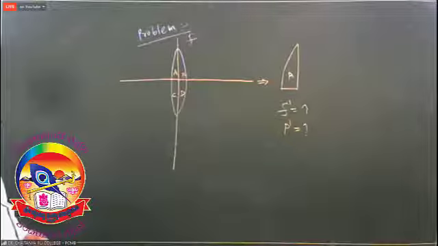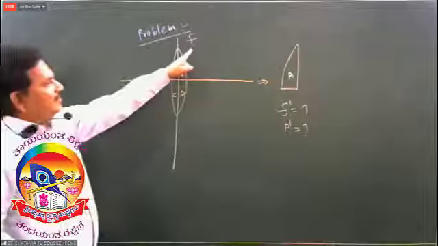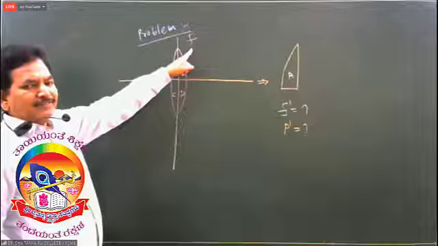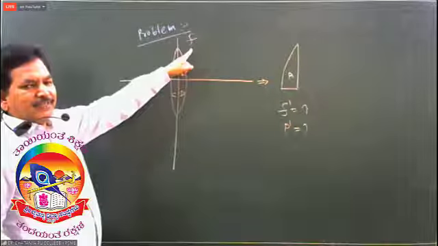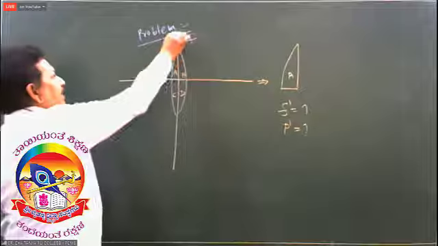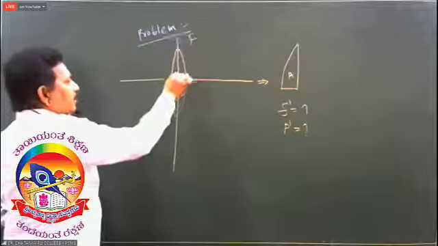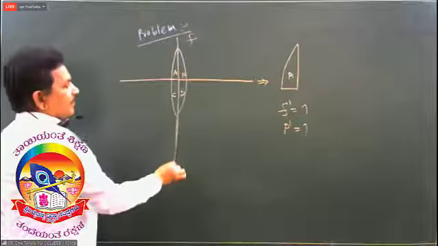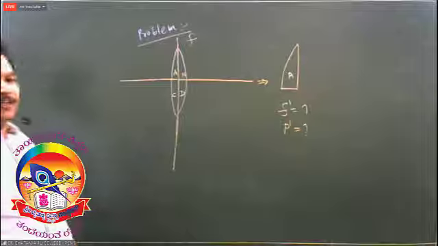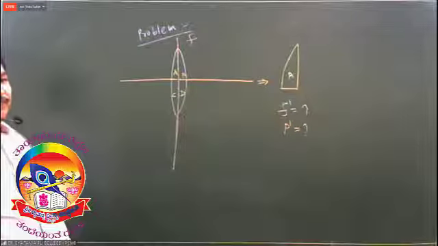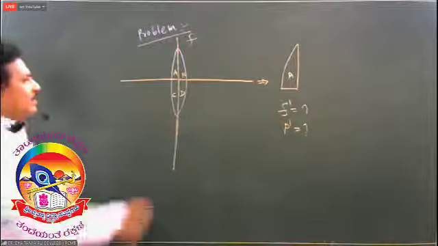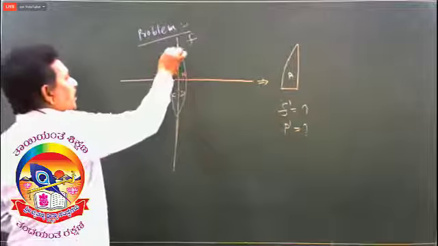Then how to calculate? Initially, f is the focal length. First it was divided perpendicular to the principal axis. If it is divided perpendicular to the principal axis, we know the focal length increases by twice. Then this piece becomes 2f.